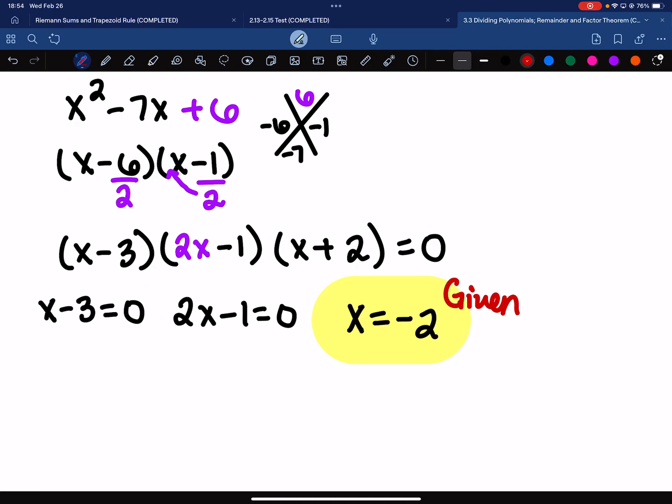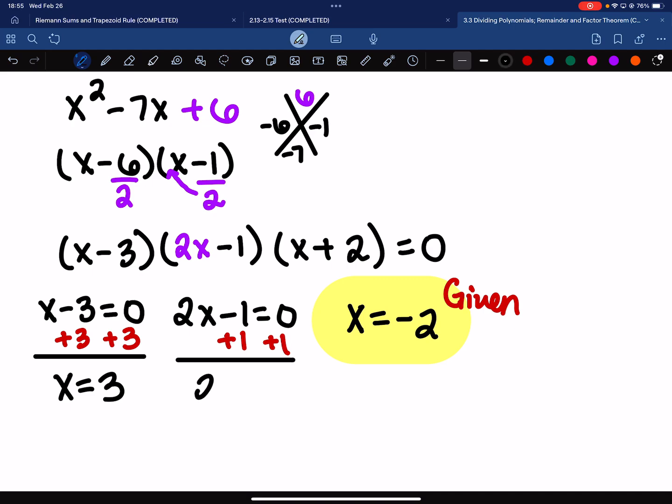Okay. Here on the first one, we're going to add 3 to both sides. We get x equals 3. The next one, we're going to add 1 and divide by 2.